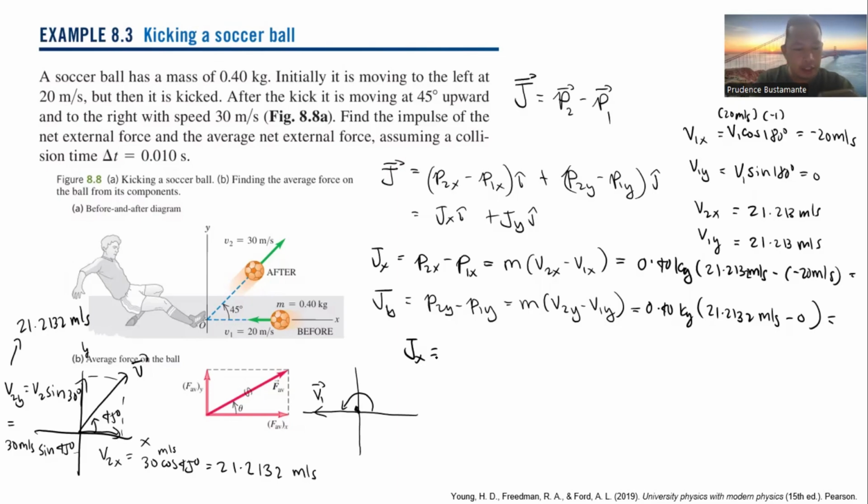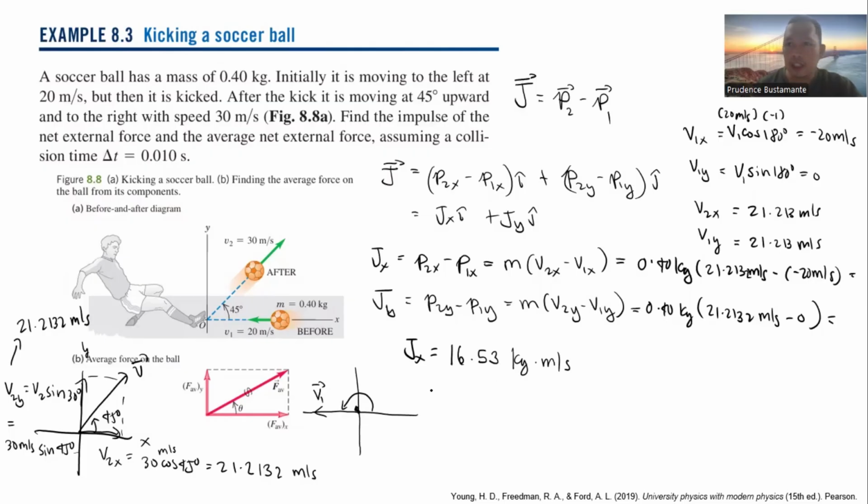So here Jx is equal to, let's calculate together, 21.213 minus negative 20, which gives 16.53 kilogram meters per second.